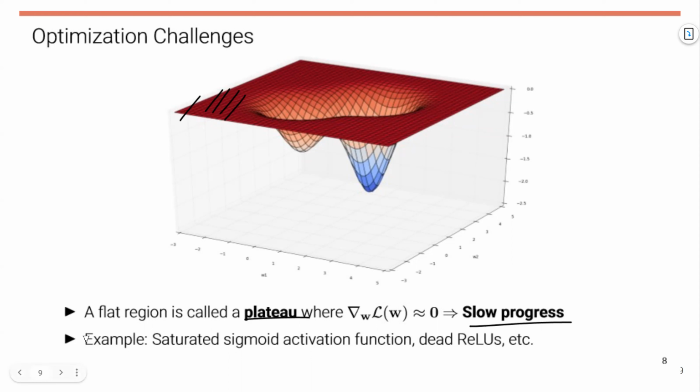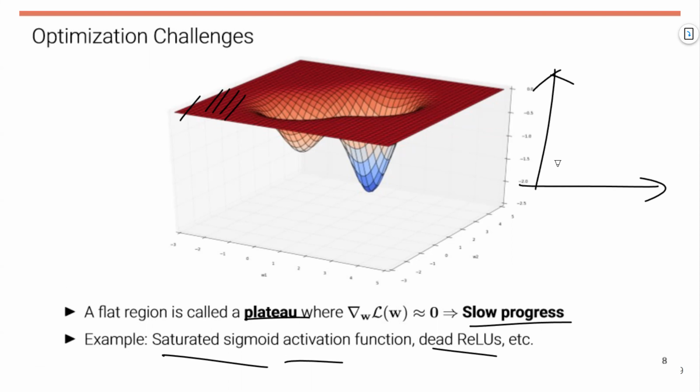And the examples are saturated sigmoid activation function or dead ReLUs. We saw this in previous sessions. This is sigmoid, sigma.